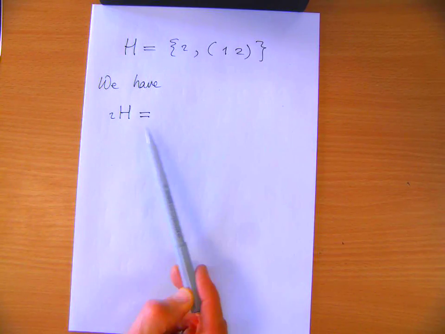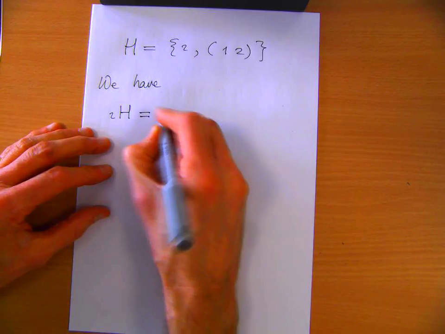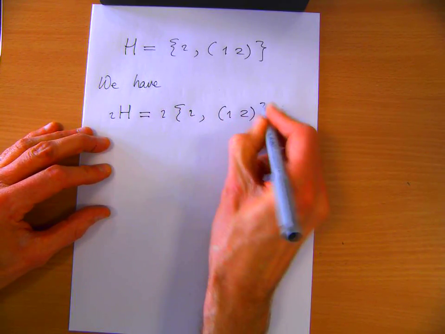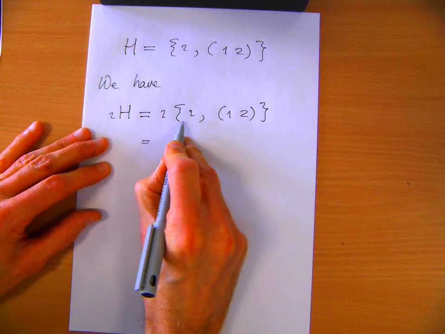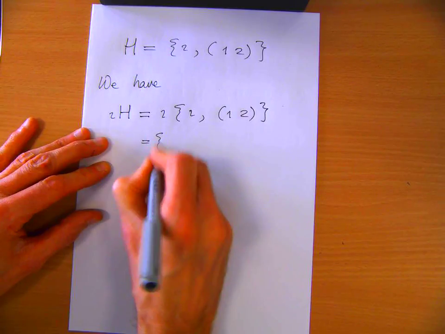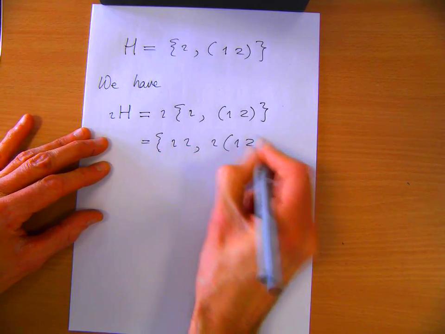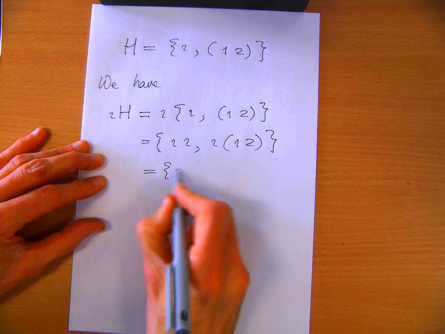So we're expecting this to be H itself. But if we were to compute this using the definition, which is that we take H and pre-multiply every element by iota, then of course we get H back.